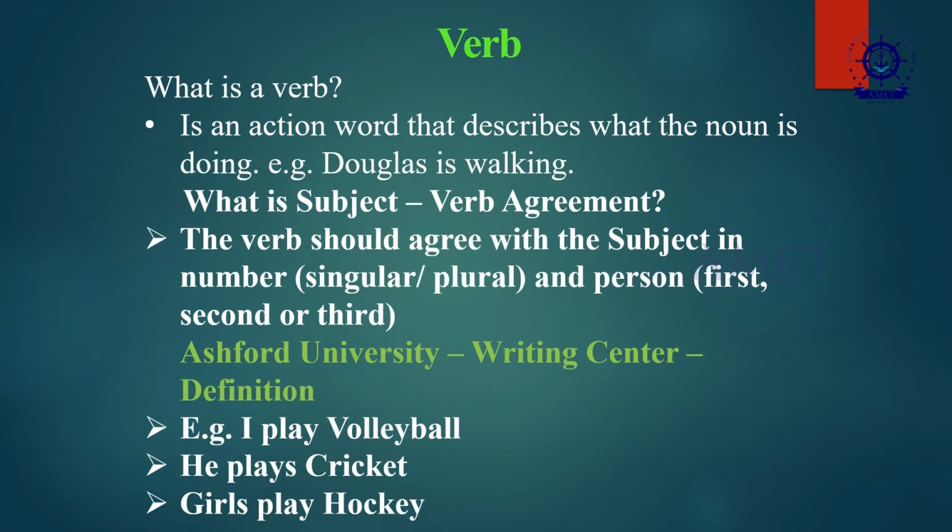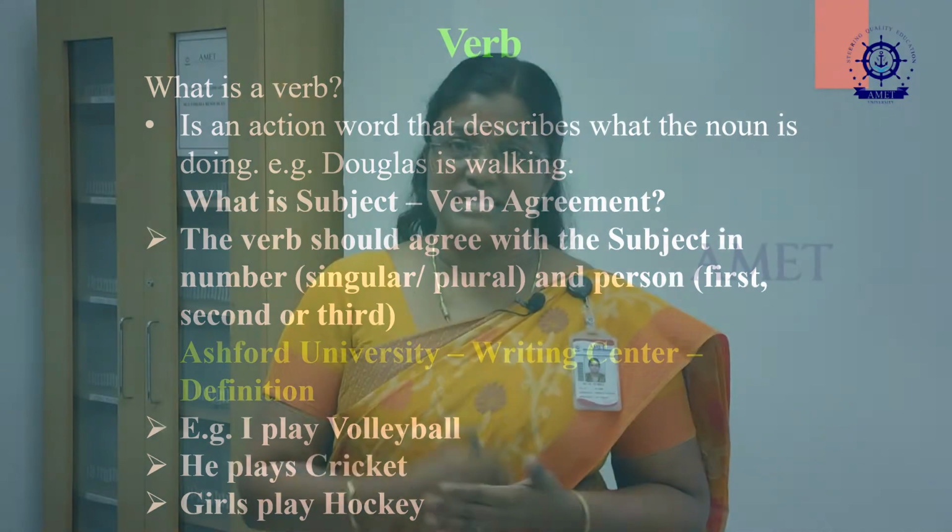Simply to explain it, I play volleyball. I is a first person singular, so the verb play is used in its root form. I play volleyball. Second sentence, he plays cricket. He is the third person singular, which takes the verb plays.